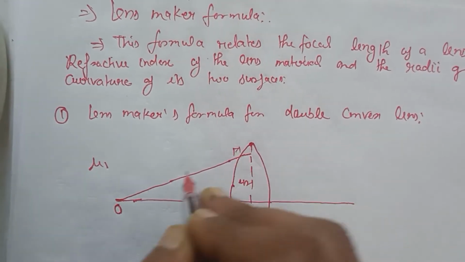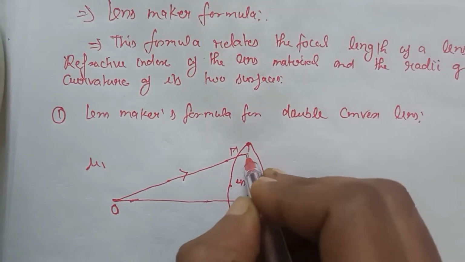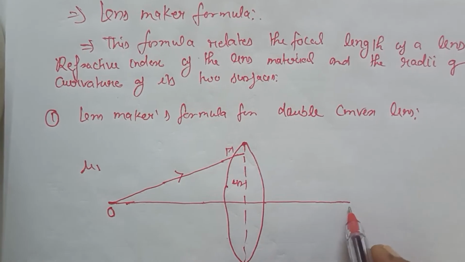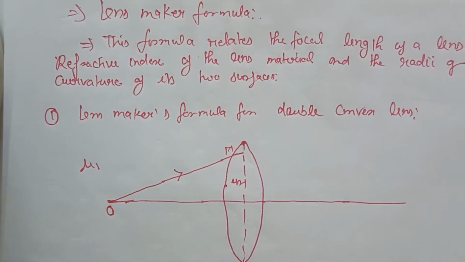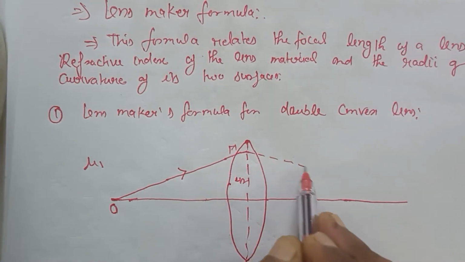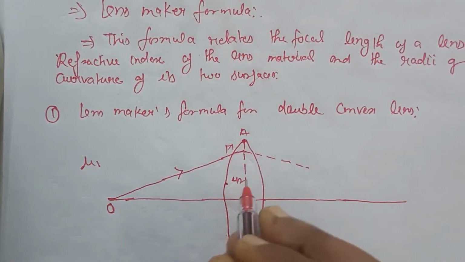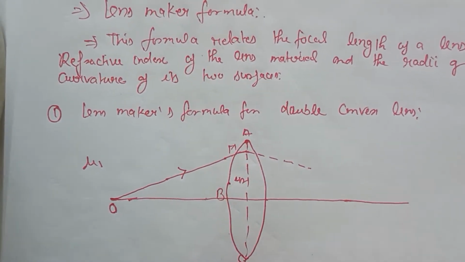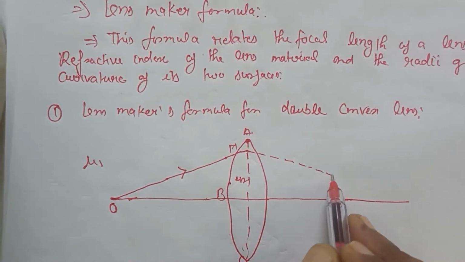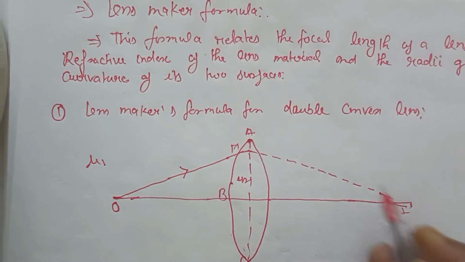This point is considered as M. After refraction, this ray is going for a partial image for faces A, B, C. For faces A, B, C, the image is made on the principal axis at point I dash.